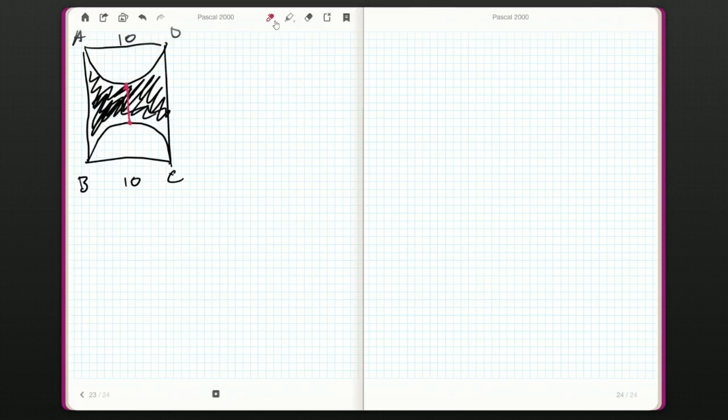So if we could figure out how high up these peaks are, and if we could figure out the side length here, we would be able to work things out. Now, AD is sort of the diameter of this semicircle.